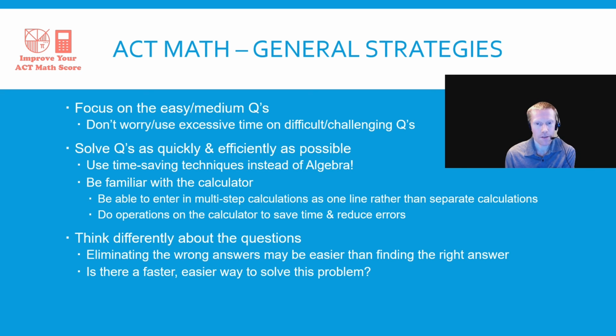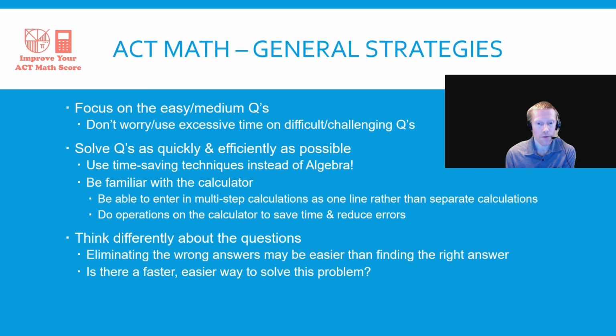However, because this is a multiple choice test, a lot of times there may be a faster or easier way to solve this problem. And so, for example, I already talked about process of elimination briefly. That's the whole idea that eliminating the wrong answers may be easier and quicker than actually finding the right answer.